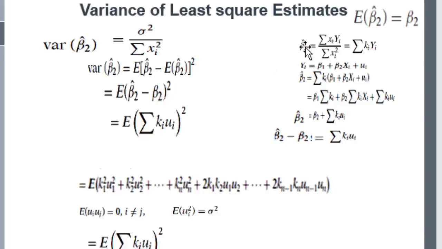And we know that beta 2 cap equals sigma xi yi by sigma xi square. This equals sigma ki yi, and yi equals beta 1 plus beta 2 xi plus ui.